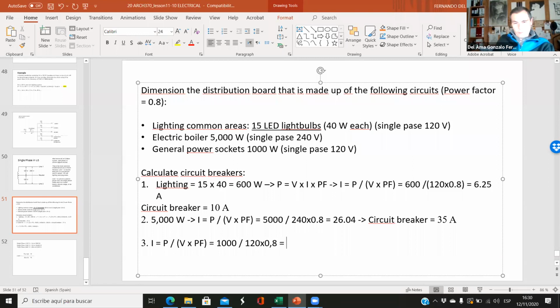So this is 1,000 divided by 120 divided by 0.8, which is 10.4.